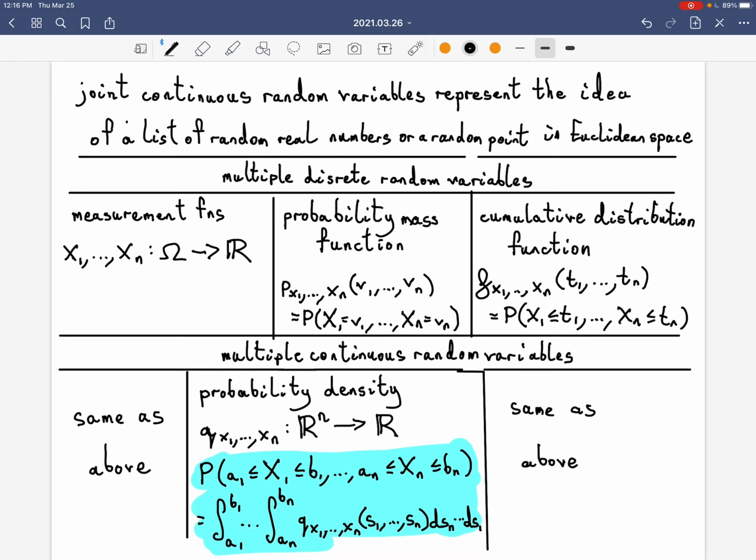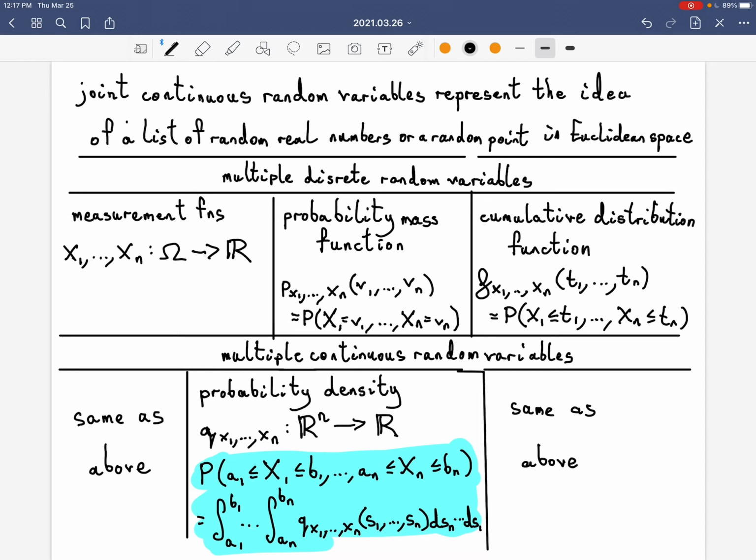And we want to think of this physically as representing a collection of measurements about a system, where the sample space is some kind of physical object that we're observing, and the random variables are certain numerical parameters that we're taking into account.